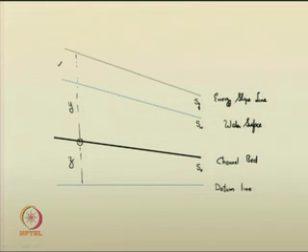So, the velocity head at this location can be given as alpha v squared by 2g. If you add all these quantities, z plus y plus alpha v squared by 2g, you are going to get the total energy. Total energy H at any section is equal to the datum head, small z, plus the elevation of water.